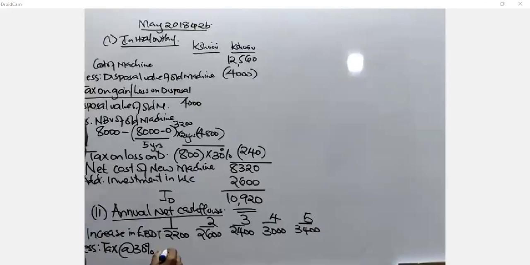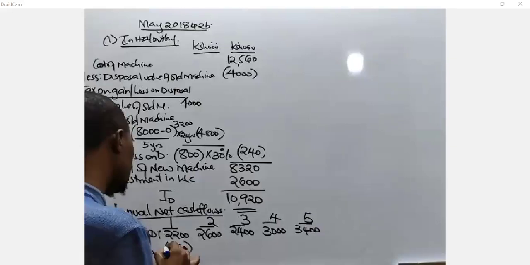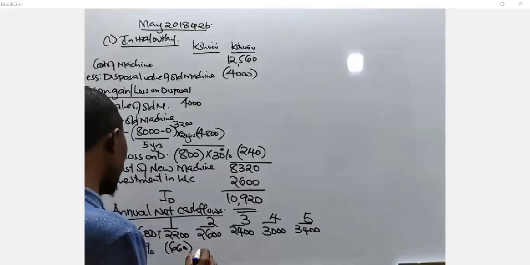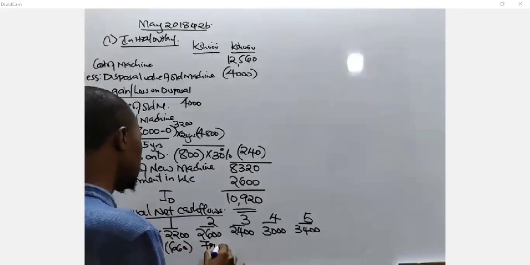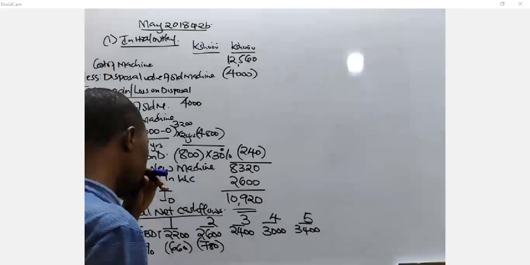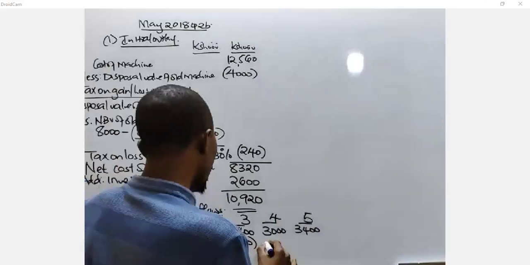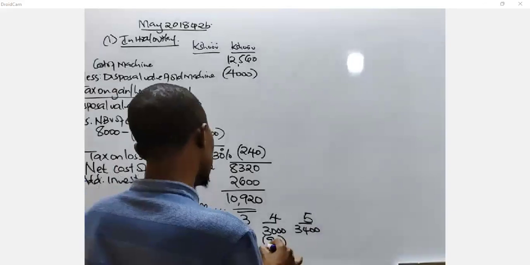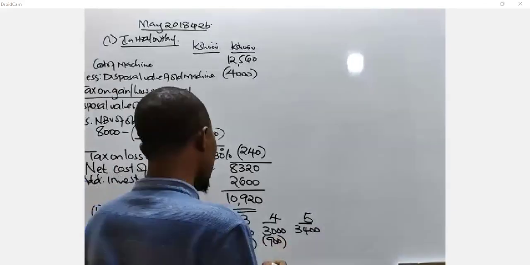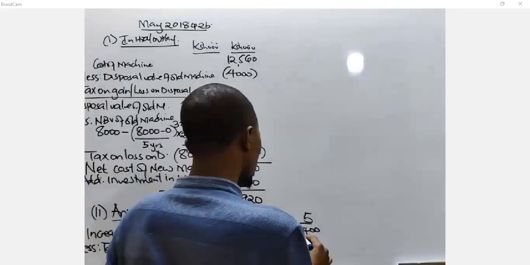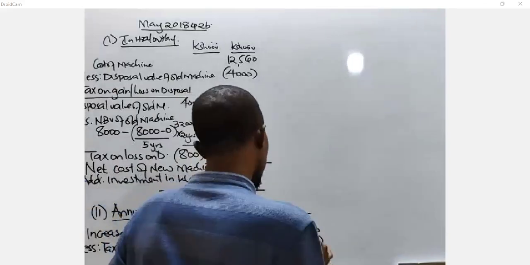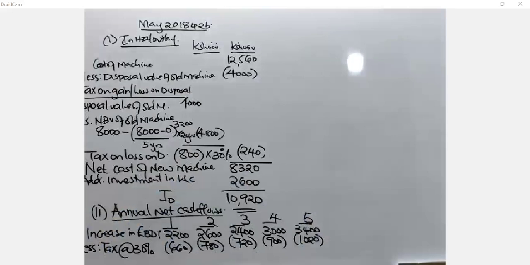So this will be 660. This one will be 780. You can confirm. This will be 720. This one will be 900. Then the first one will be around 1,020. You can confirm that.